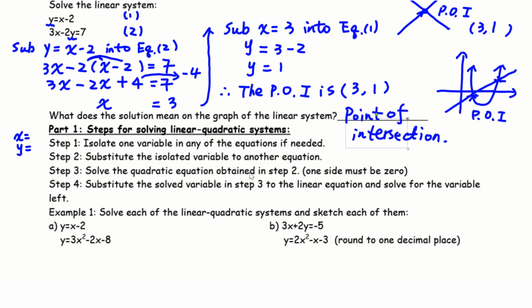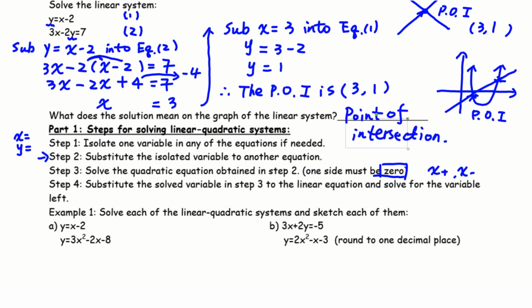Then solve the quadratic equation. Make sure that one side must be 0. Then you could use either factoring or the quadratic formula to solve for x. So you may have x plus, x minus, and don't forget you need to sub this back into the isolated variable equation to solve for the variable left.